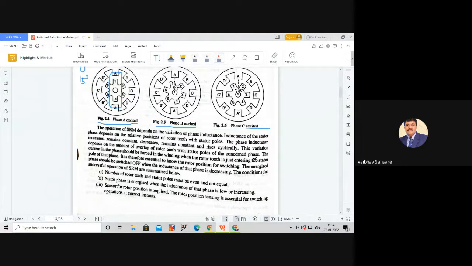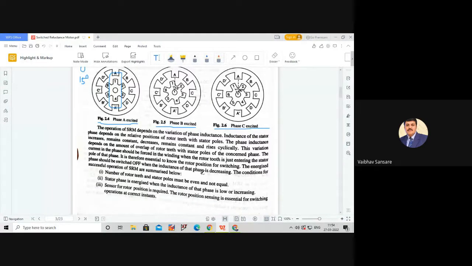Okay, so the current in the phase should be forced in a winding when the rotor teeth are just entering the stator poles of that particular phase. It is therefore necessary to know the rotor position for switching as well as the current flowing through the stator winding.